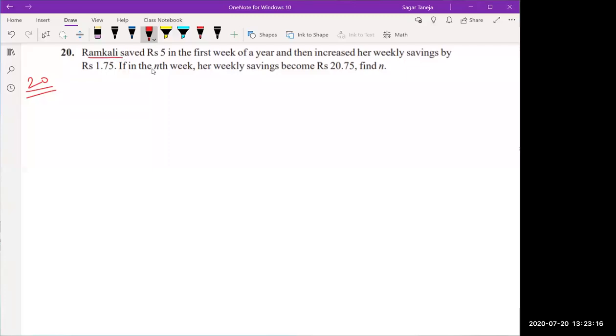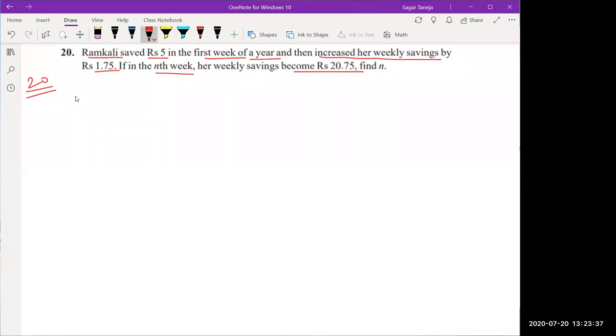Let us listen to this Ramkali also. Ramkali saved rupees 5 in the first week of a year. Okay, and then increased her weekly savings by rupees 1.75. If in the nth week her weekly savings were rupees 20.75, find n.